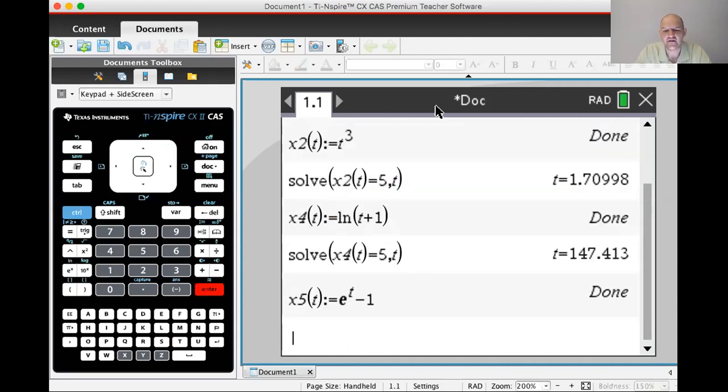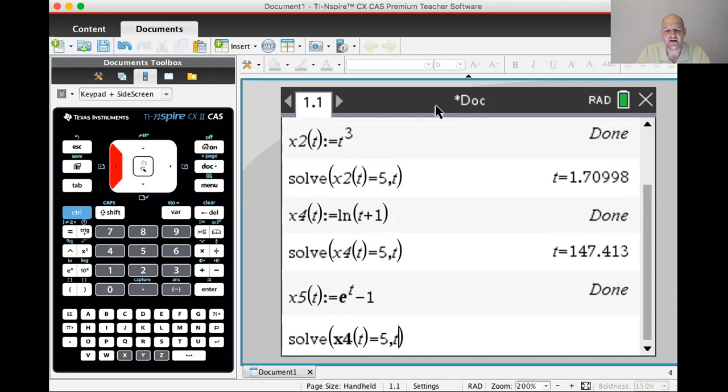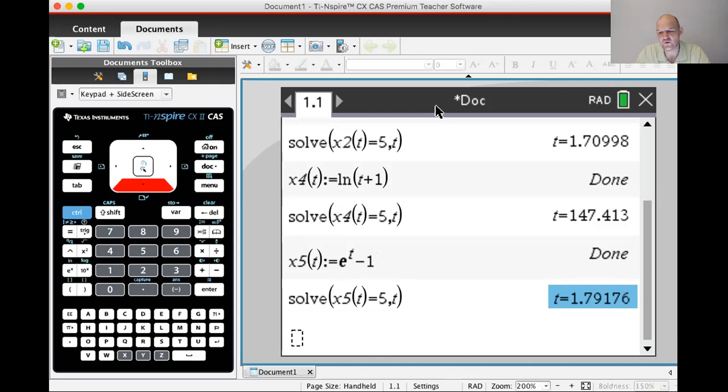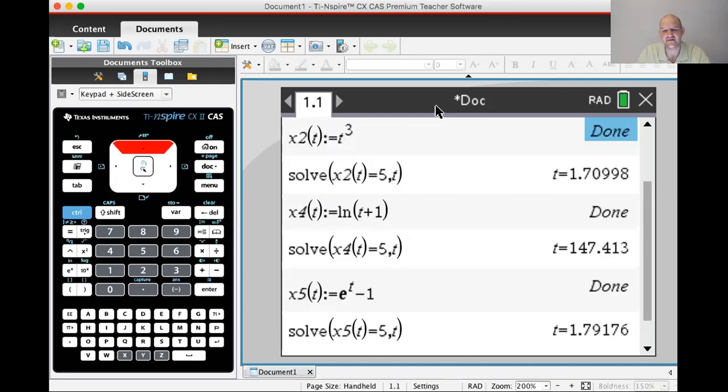But this race isn't to infinity. This race is to 5. And so this actually takes 1.792 to get there, whereas the t cubed took 1.7. So actually point B gets there before point whatever goes with 5e.